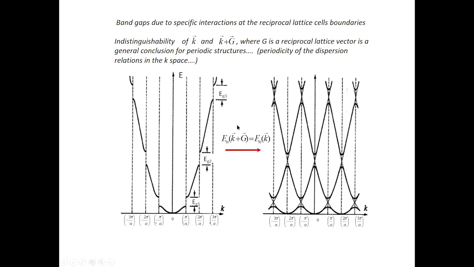Then, knowing this periodicity, you can reconstruct the full dispersion relation. You just know it is periodic, you figure out fragments of that, and then you just replicate it, mirror, reflect, and so on. And you get something like that. This is your full dispersion relation in the crystal, which is periodic with the periodicity of the reciprocal lattice.